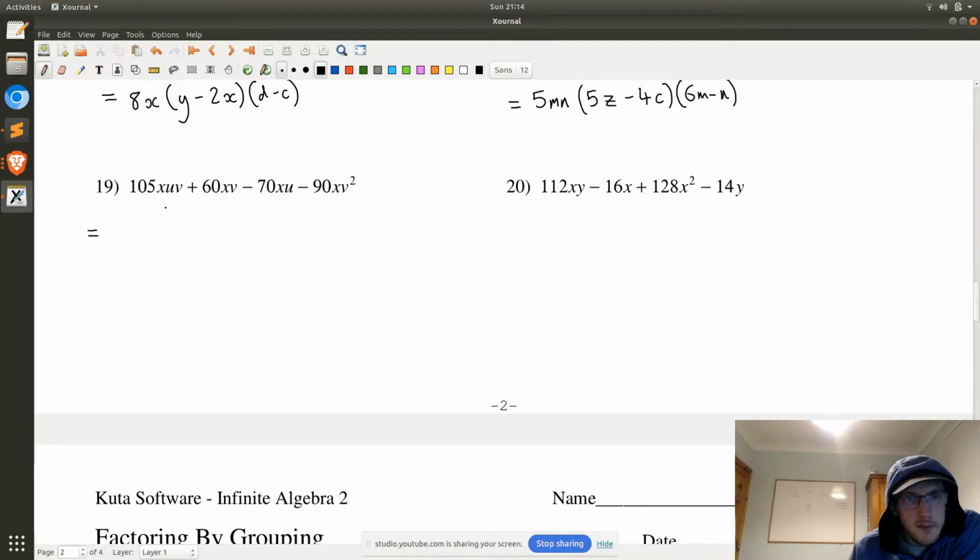I believe it's 15xv rather. And who goes in the brackets? 7u plus 4.